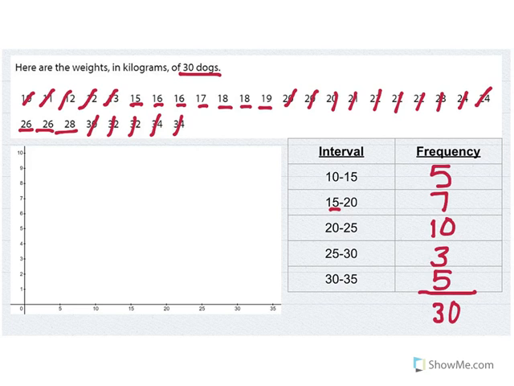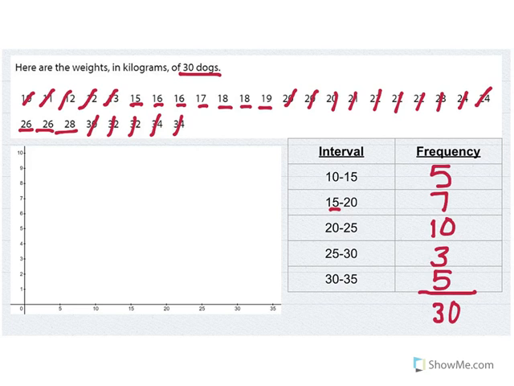So now what we're going to do is graph our intervals. We don't have anything from the 0 to 5 interval. We also don't have anything from the 5 to 10 interval. There were no dogs that had weights in between there. But we do have 5 from the 10 to 15.